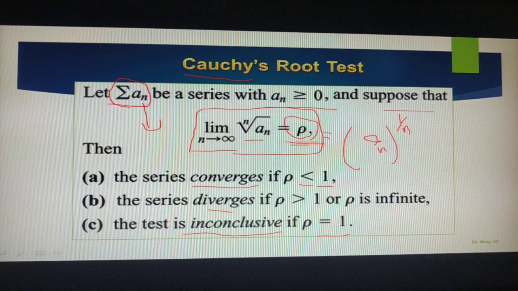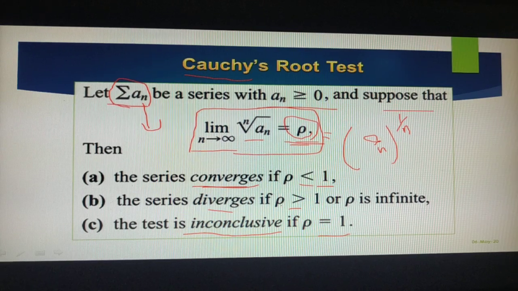If it is less than 1, then the series converges. Greater than 1, the series diverges. If rho is equal to 1, then we can simply say the test has failed. This Cauchy test is not suitable to test this particular series. With the help of this test, we can't tell whether the series is converging or diverging, because the information is not available from this.